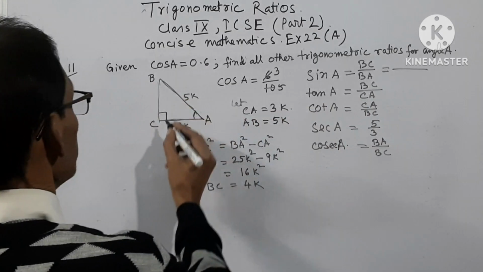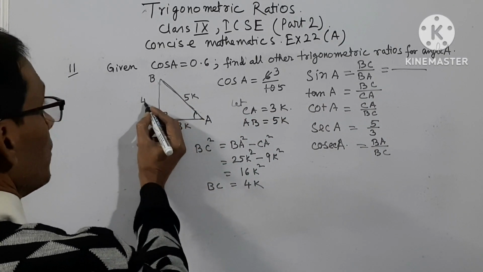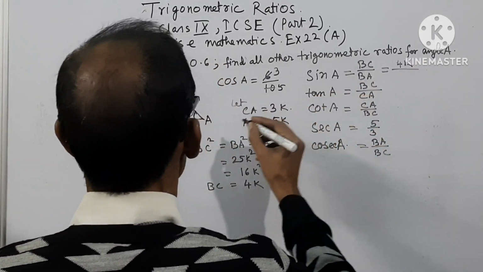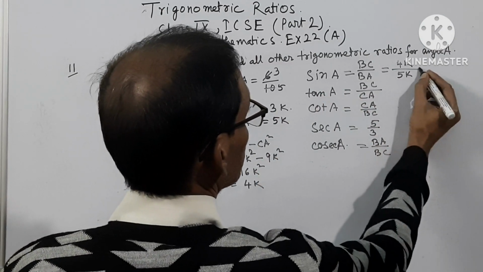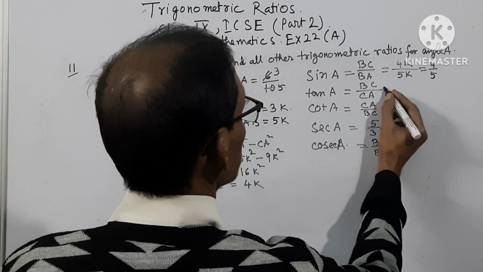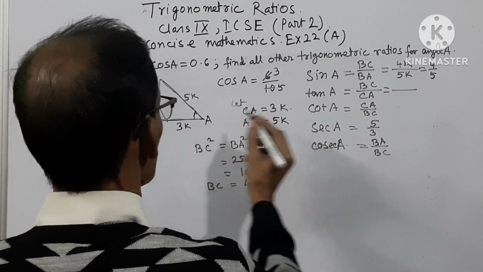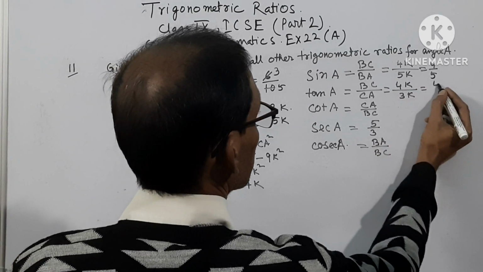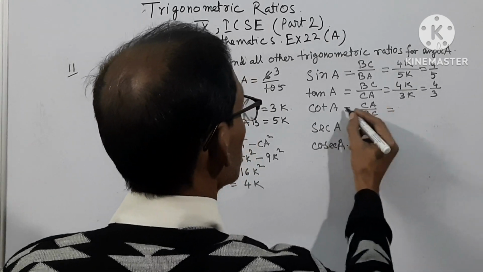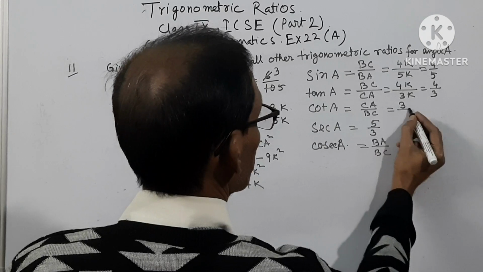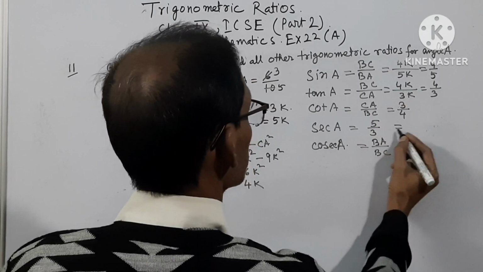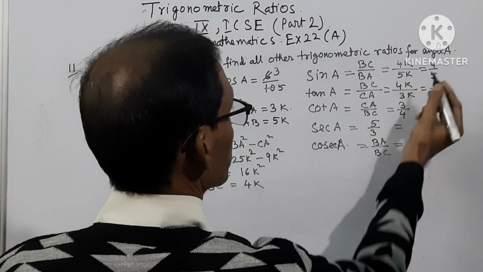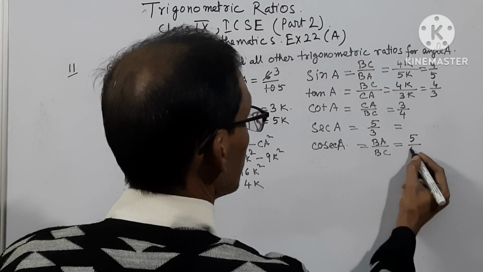Now BC you have found out is 4k, so 4k by 5k, which is 4 by 5. tan is BC upon CA, 4k by 3k, that means 4 by 3. cot is just the reciprocal of tan, so 3 by 4. sec 5 by 3 we already found out, and cosec is the reciprocal of sine, 5 by 4.